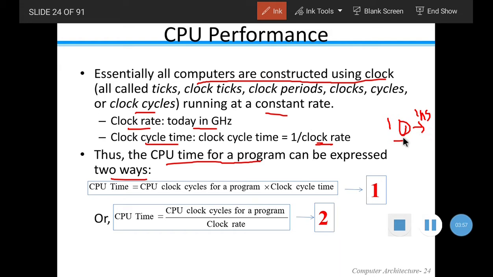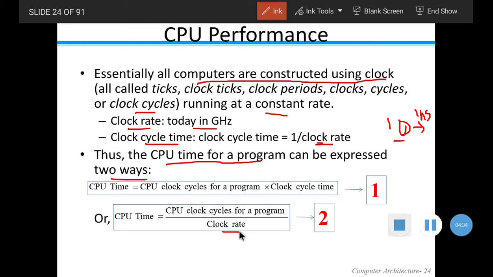How much time it took to execute those instructions can be found in many ways. One is the direct way: CPU time is equal to CPU clock cycles for a program times clock cycle time. If the problem gives CPU clock cycles and clock cycle time, we can easily find CPU time. Sometimes clock cycle time may be missing, so the alternative is CPU time equal to CPU clock cycles for a program divided by clock rate.